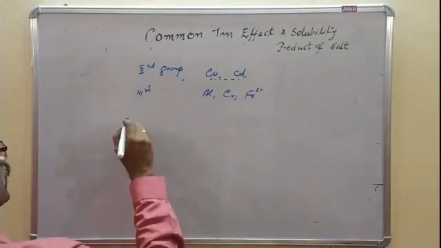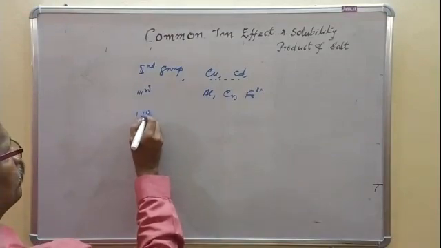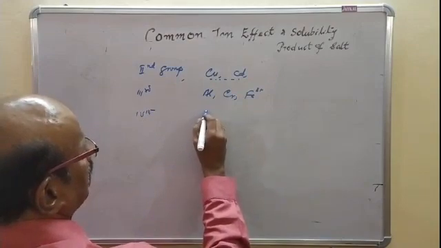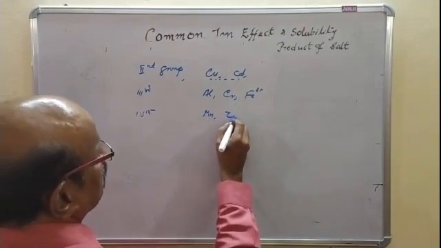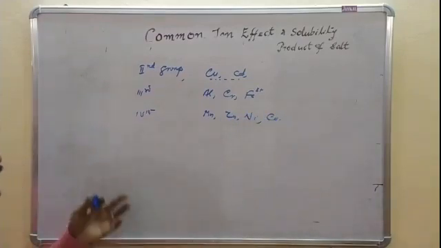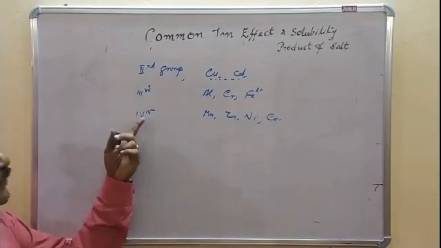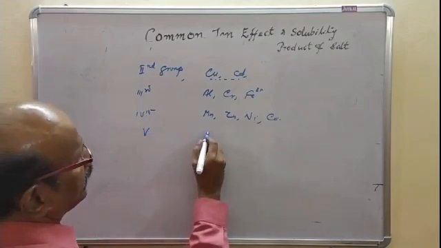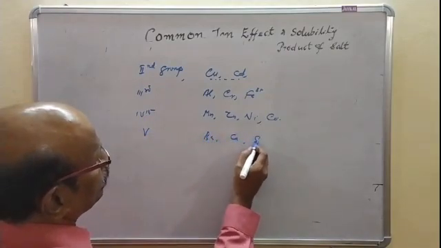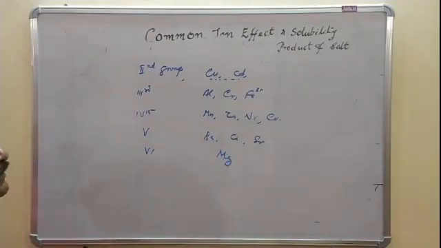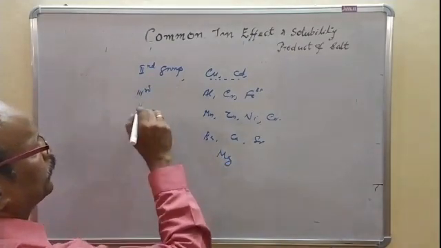And the fourth group, we wish to analyze zinc, manganese, nickel, cobalt, etc. This is the situation. And then the next group, you know the fifth group, barium, calcium, strontium, and the sixth group, all familiar, magnesium.